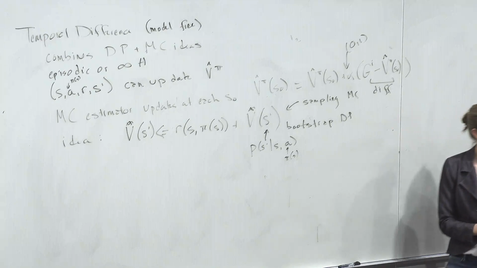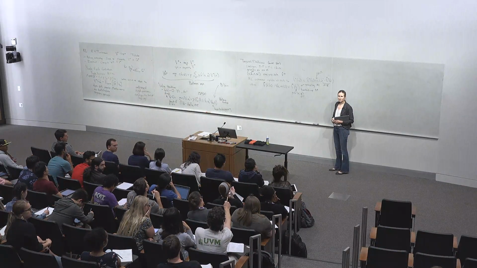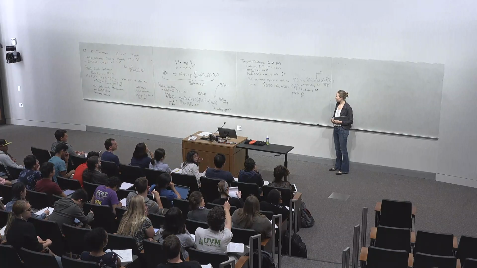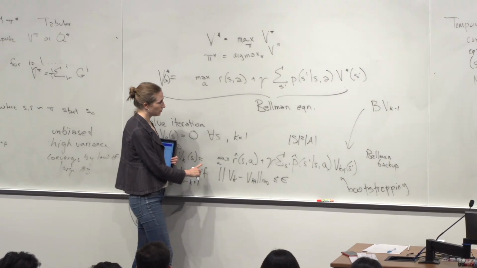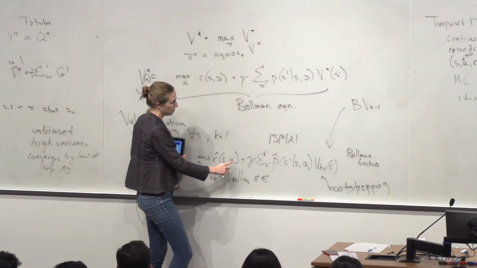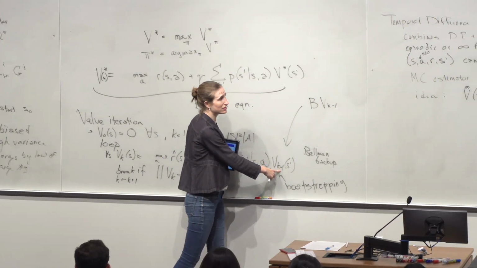Maybe this is what just got asked, but I'm so confused. We have V, we're updating V of S prime. That's right. So they're all S's, except for the last one? Yeah. Just like here, when we were doing value iteration, the way we computed the value of a state is we said what was its immediate reward plus gamma times the expected discounted sum of rewards of the value of the next state.